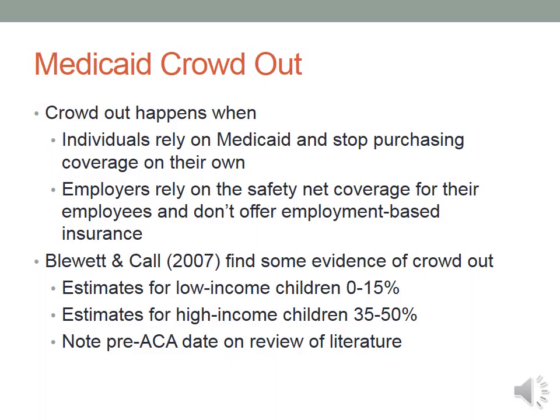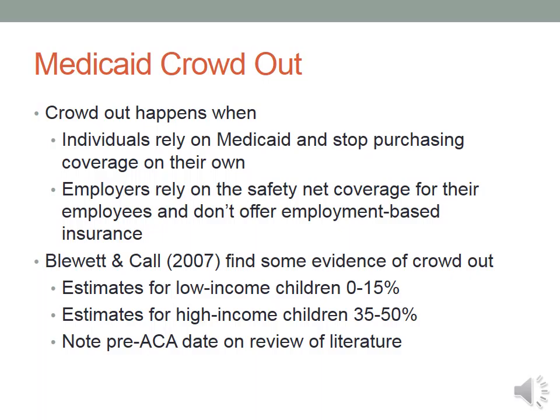The more subtle one might happen in the case of employers. Employers might have a low wage workforce where a large fraction of their workforce would be eligible for Medicaid, and so they may drop coverage that they're offering and rely instead on their employee base getting coverage through Medicaid.